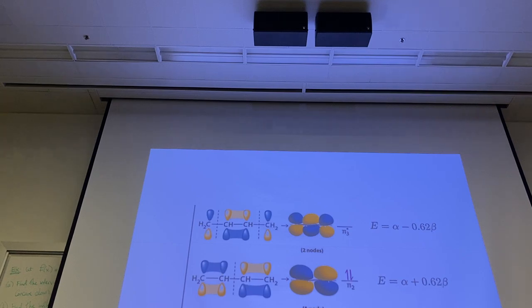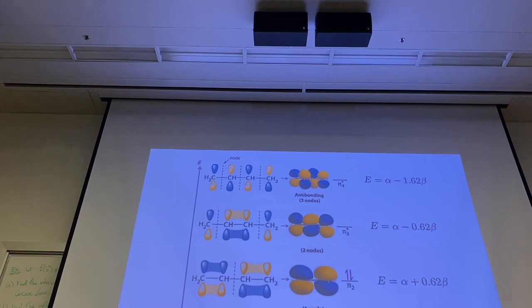This is what came out of the diagonalization procedure. We found the energy right there. And then finally, the last one is the maximum number of nodes, which is 3, and after that you're done. Because now every adjacent p orbital has opposite phase. They're flipped. You see that? Every time you go to the neighbor, it has an opposite phase.